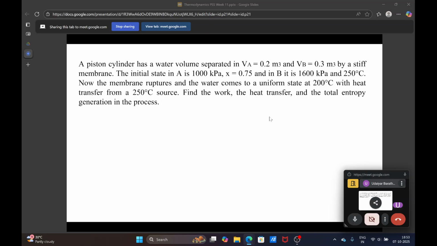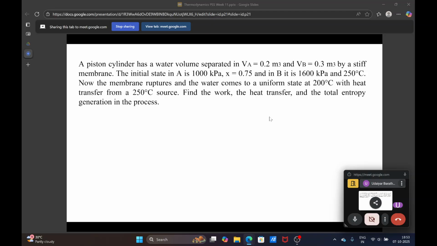So what is given is, first, initially you have two separate chambers with water occupying them. The initial states of these two separate volumes of water are given, the volume is given and the condition they are in is given. The membrane separating these two volumes gets ruptured, so now the two waters will get mixed.